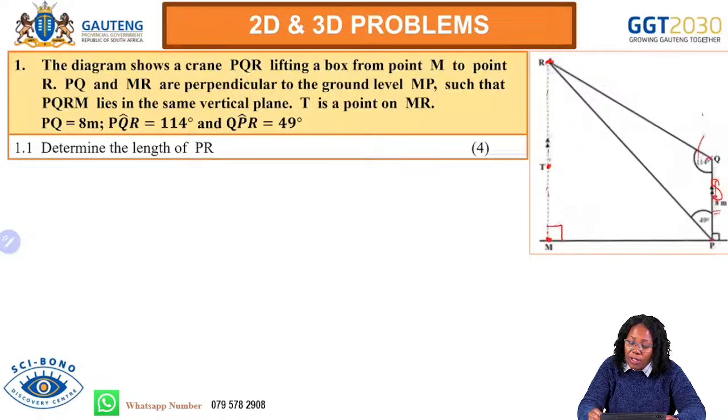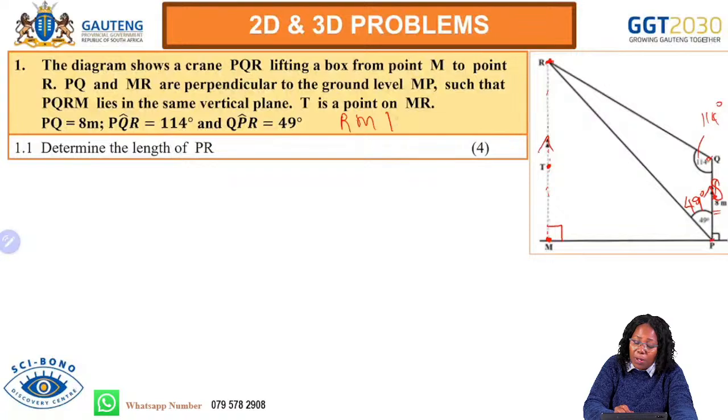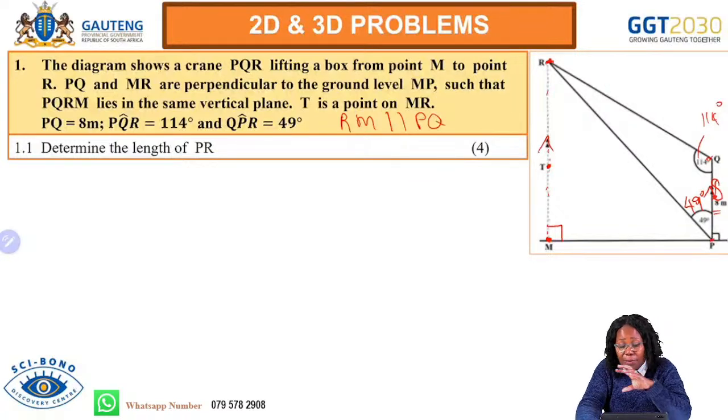This angle here, PQR, is 114 degrees. And then we have the 49 degrees there. They say this line is perpendicular to that one, and we have the perpendicular indication there. And then the parallel lines: RM is parallel to PQ. It is not given in the statement, but there are dashes on the diagram indicating that.